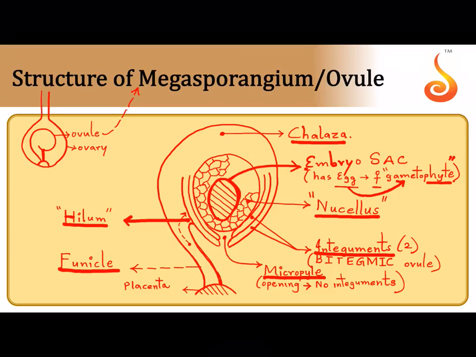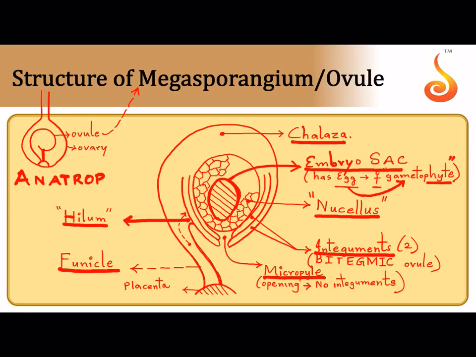Inside the nucellus, there is a structure which represents the female gametophyte because it has egg in it. This structure is called the embryo sac. This type of ovule which I have drawn here is referred to as the anatropous ovule.